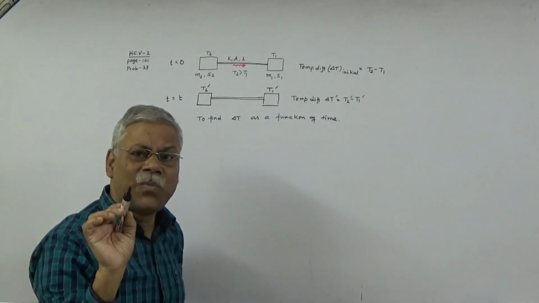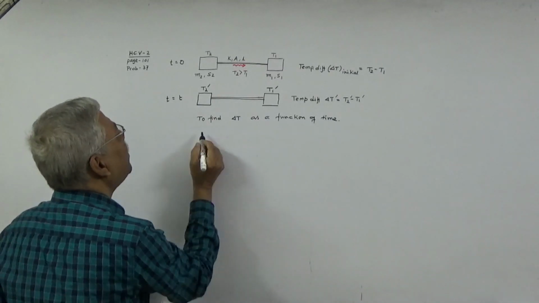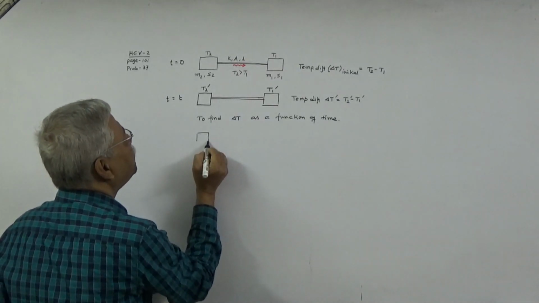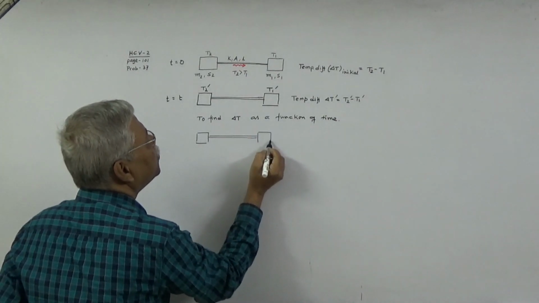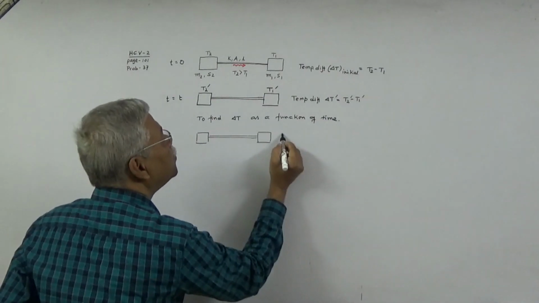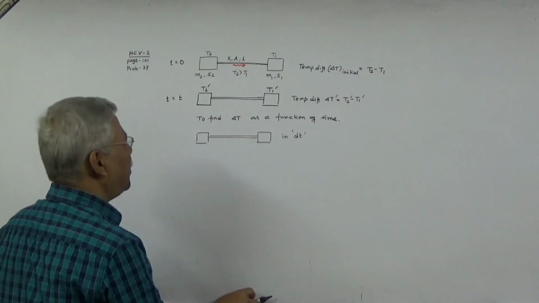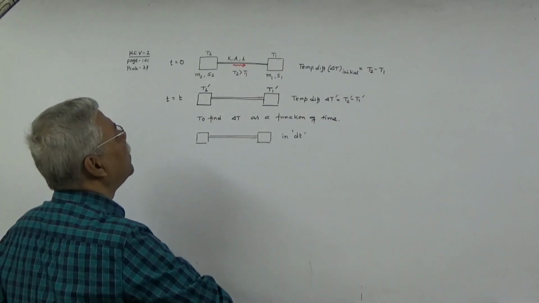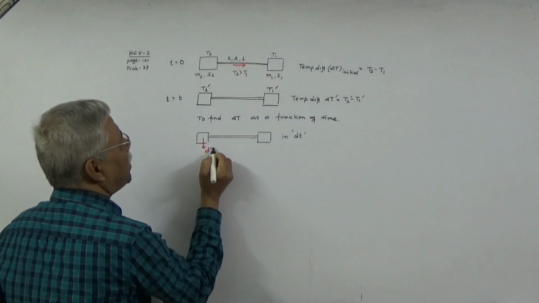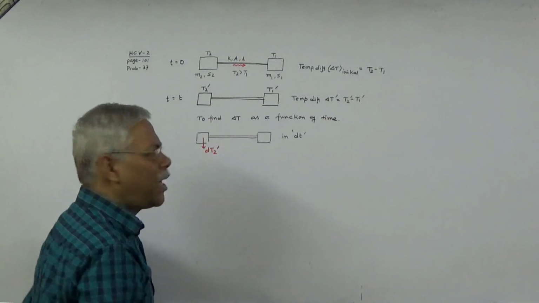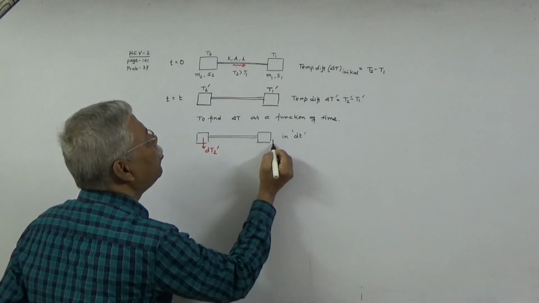We will consider a small time dt after t. In that small time dt, the temperature of this body has dropped by dT2 dash, and the temperature of the other body has gone up by dT1 dash.